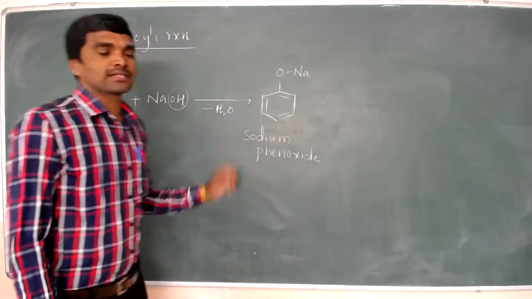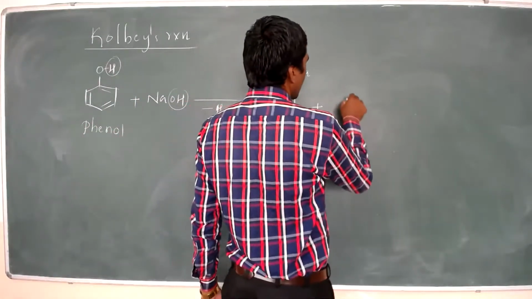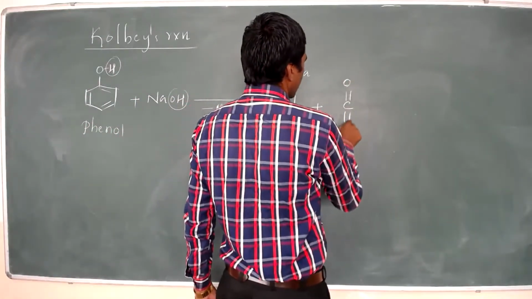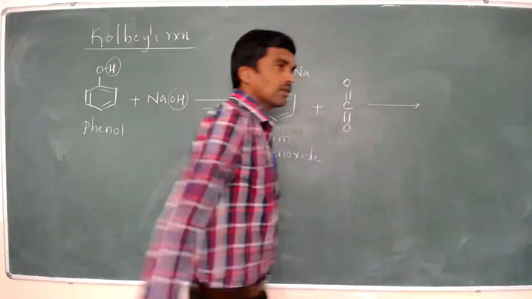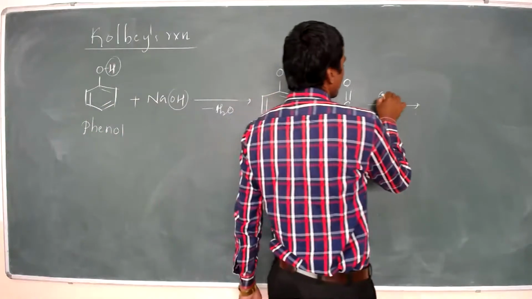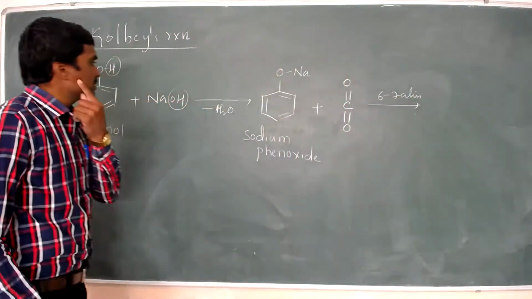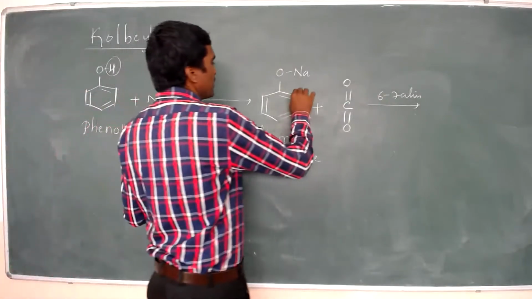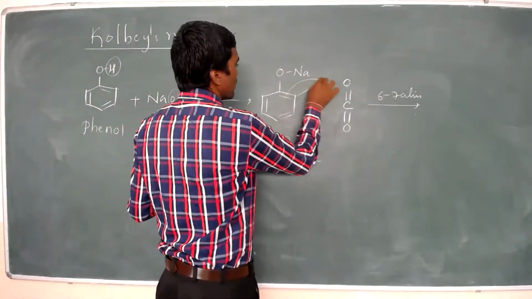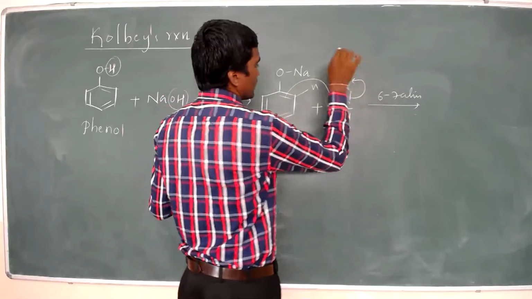This sodium phenoxide reacts with carbon dioxide at 6 to 7 atmosphere pressure. So here what happened? These pi bonds attract the carbon dioxide. Then the bond shifts here.